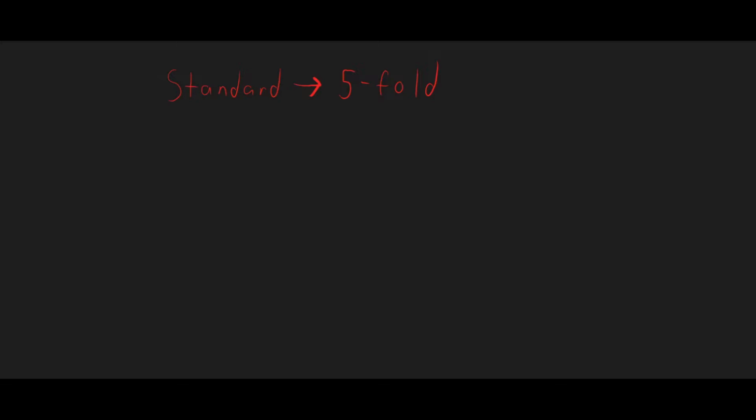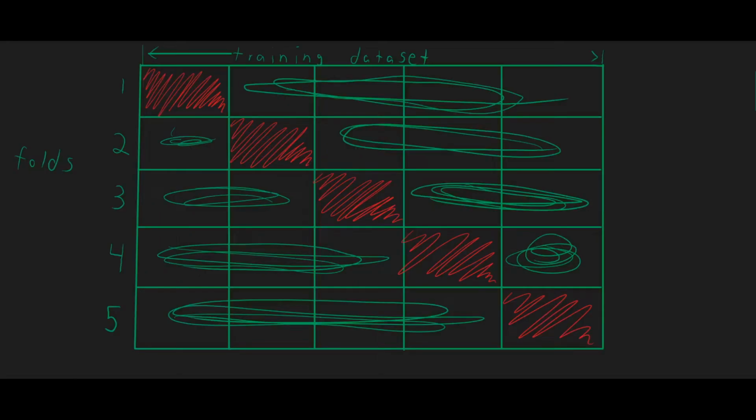However, that can vary by field. For example, in biology, it is not uncommon to see 10-fold cross-validation used. It all depends in the end on the data that you're using and how much of that data you actually have.